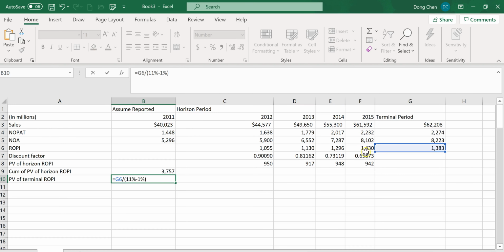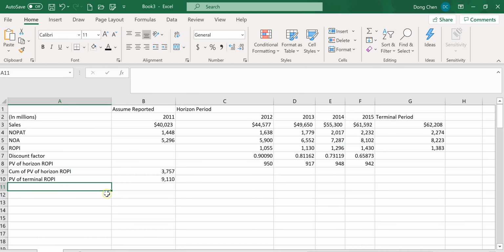I still need to discount this 2015 present value back to the true present, 2011. I do that by dividing by 1 plus the discount rate raised to the power of the difference between 2015 and 2011, which is 4. Here I also round to the whole dollar.